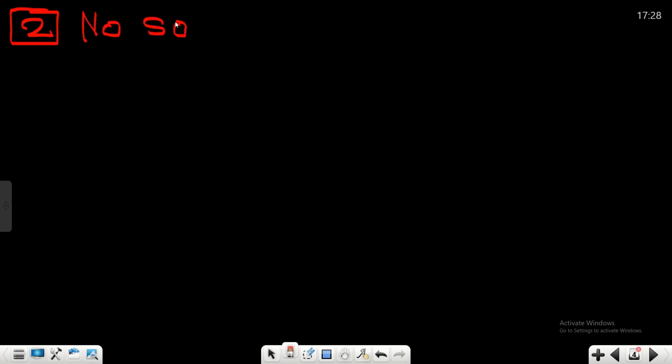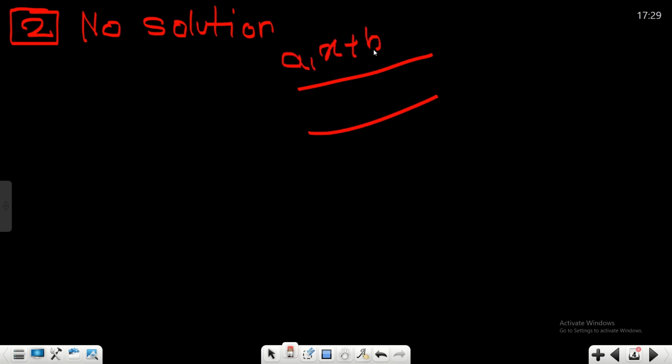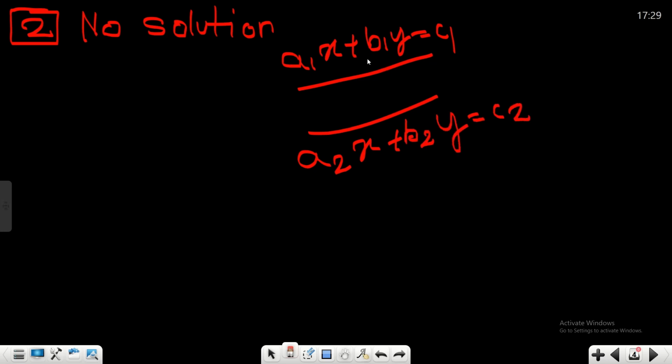Now one thing, remember that when we study the no solution condition in 2D geometry, we know that when two lines are parallel, and these lines are represented by a1x plus b1y is equal to c1, then a2x plus b2y is equal to c2, for these two lines to be parallel the condition will be a1 by a2 is equal to b1 by b2, but this should not be equal to c1 by c2, right?